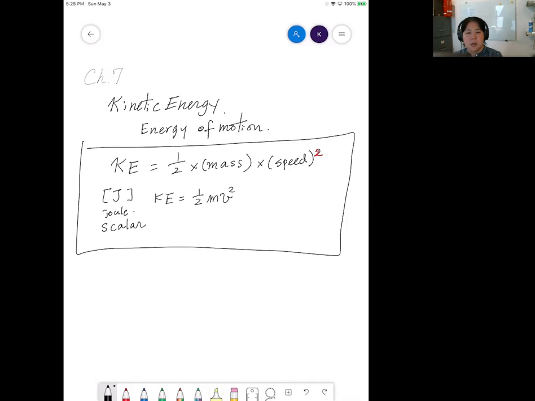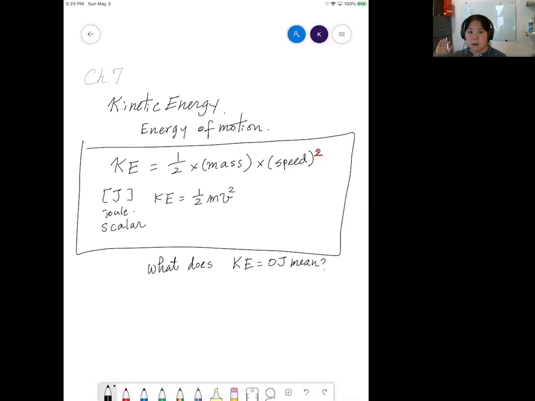All right. So what does it mean to have 0 kinetic energy? Does that mean the object is moving in a constant motion in a straight line?